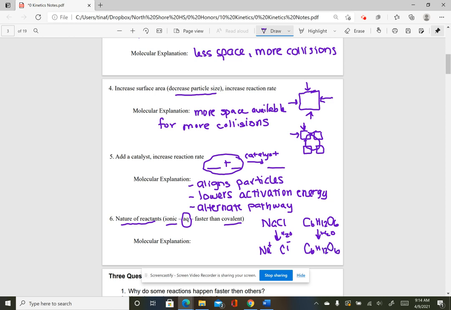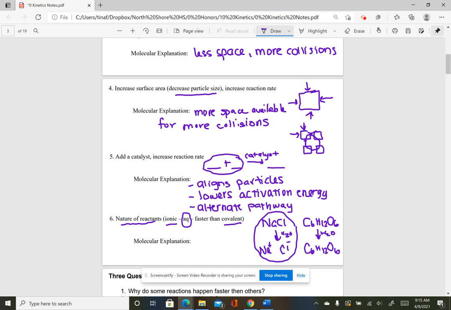Now, if you guys think about a chemical reaction, you have to break original bonds before those atoms can go and bond with something new, right? So you're breaking bonds to make new ones. In an ionic aqueous solution, the original bonds are already broken. The ions are already separated from each other.